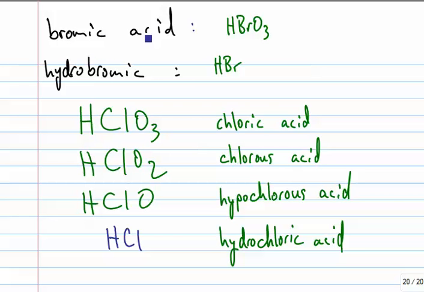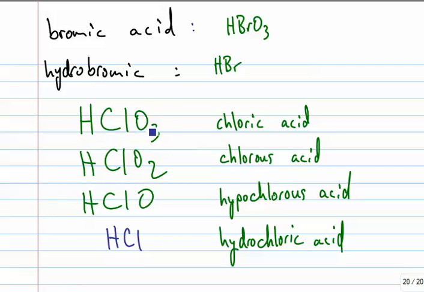Bromic acid indicates that oxygen is present, and the IC ending tells us that the anion present here is bromate. When we look on our table of polyatomics, we'll see that bromate is BrO3, and so our formula is HBrO3.